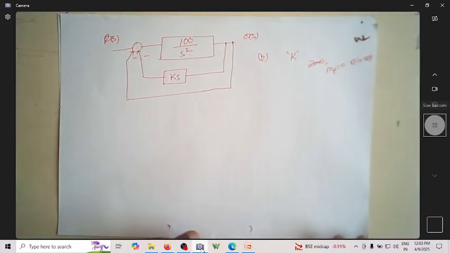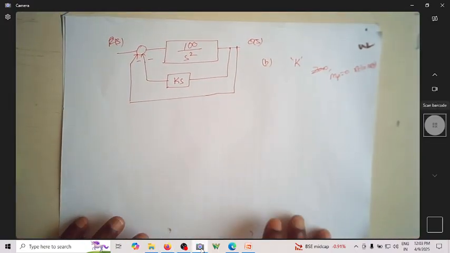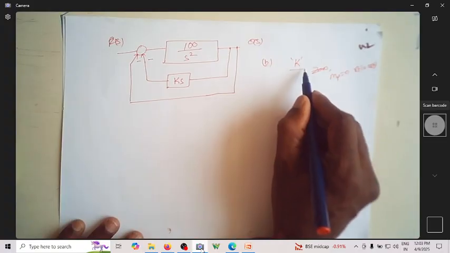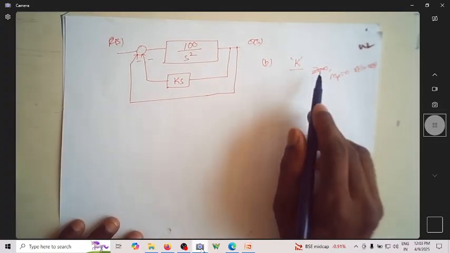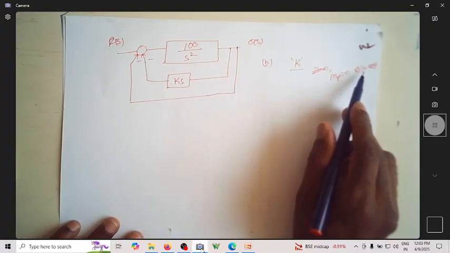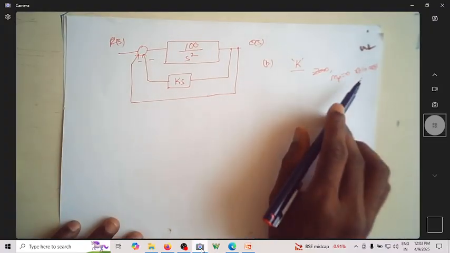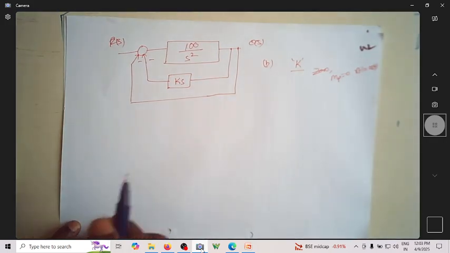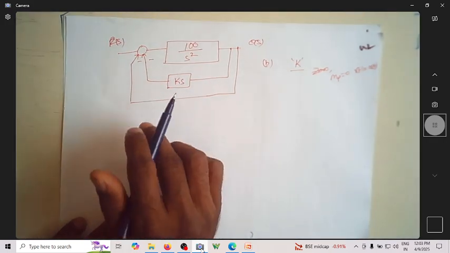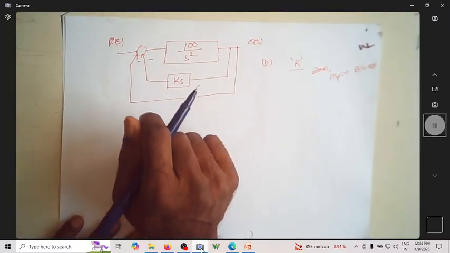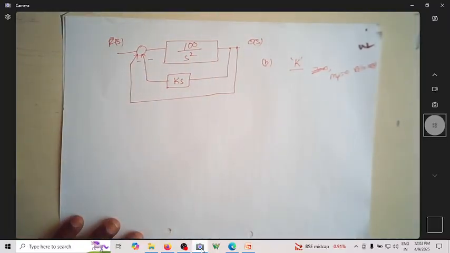This is the block diagram we have. We are asked to find the value of k so that there is no overshoot, and it attains the final state as early as possible. Let us first find whether this system is a second order system or not.